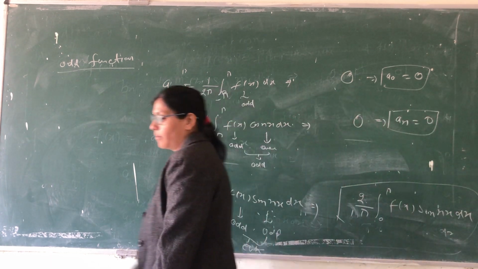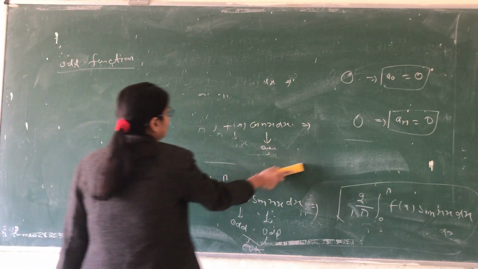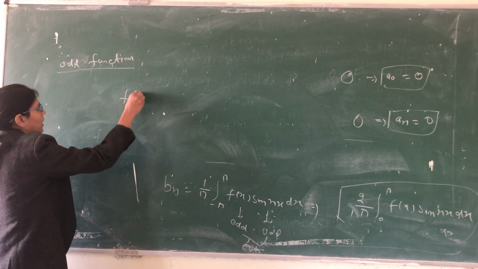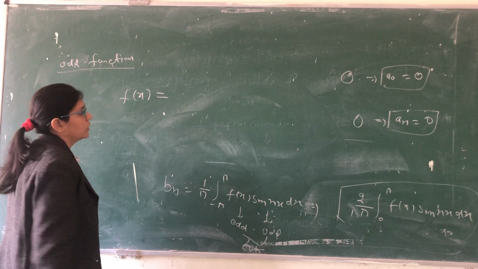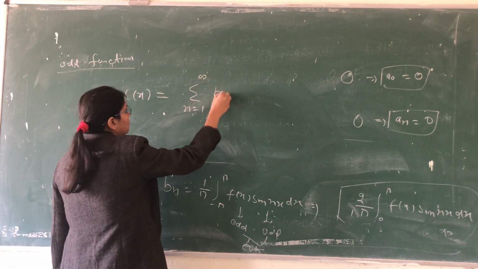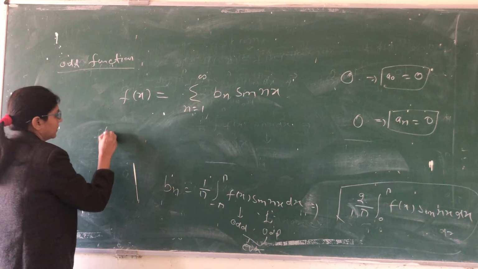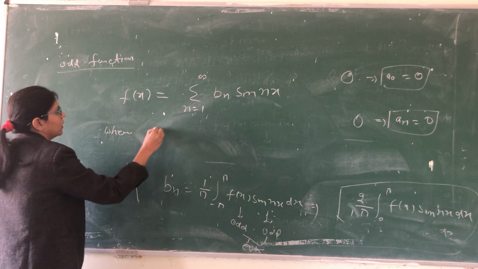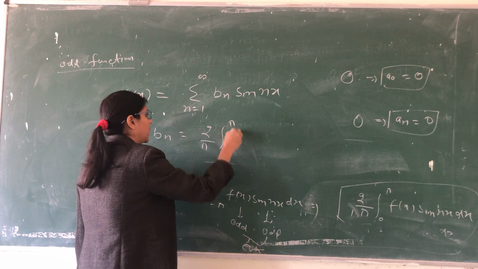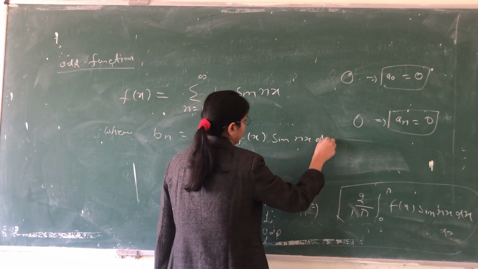So from this we can say that the Fourier series of an odd function is defined by f of x equals, a0 is 0, an is 0, so summation n from 1 to infinity bn sin of nx, where bn is defined by 2 upon pi integral 0 to pi f of x sin of nx dx.